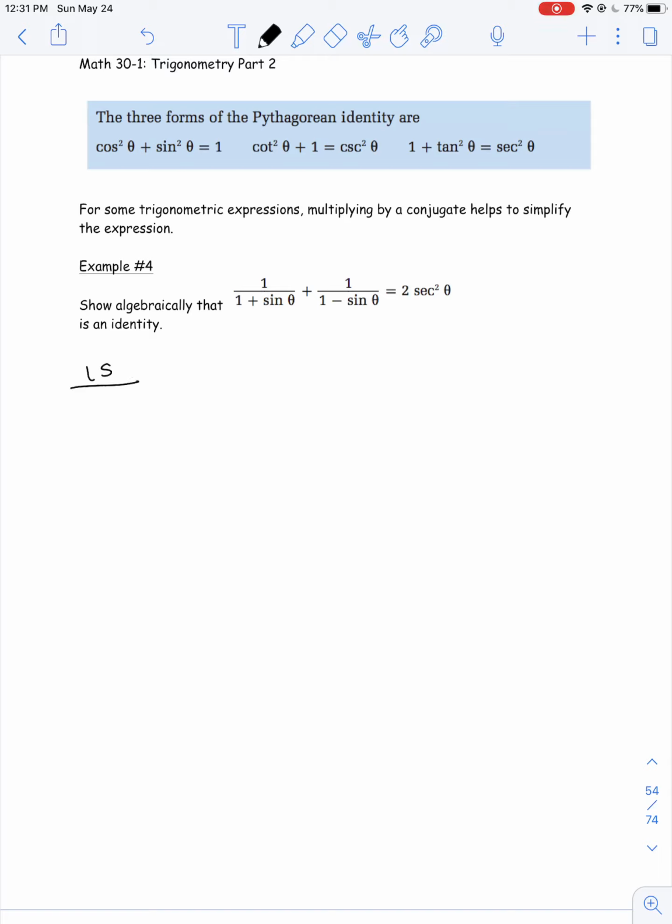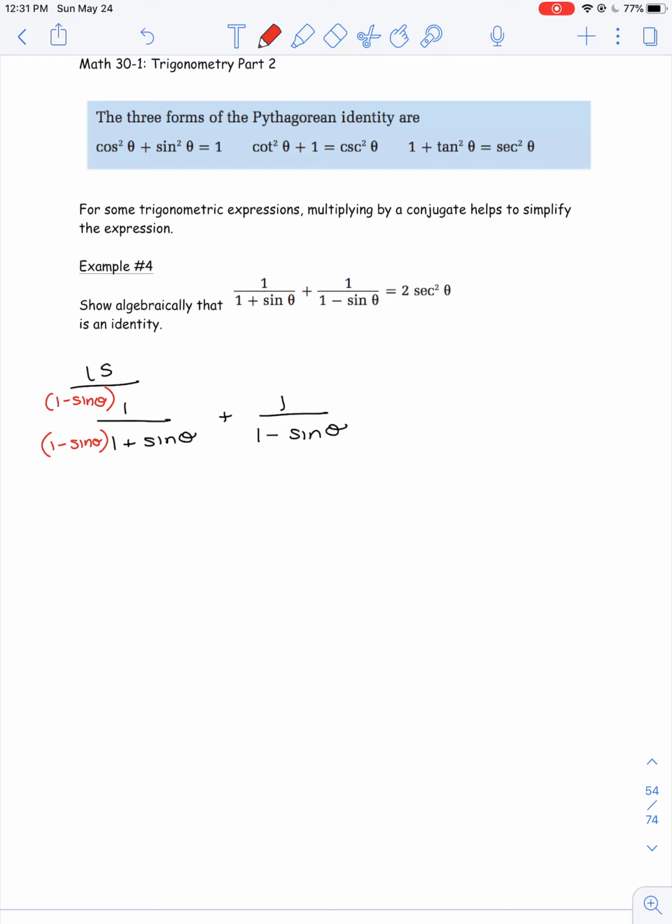The left side, I'm going to multiply the first fraction. So I'll write it out first though. So I'm going to multiply this fraction by 1 minus sine theta. What I do to the bottom, do to the top.